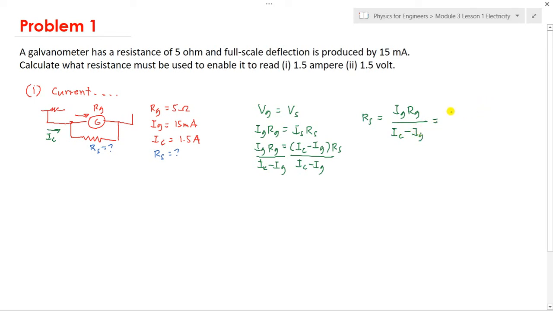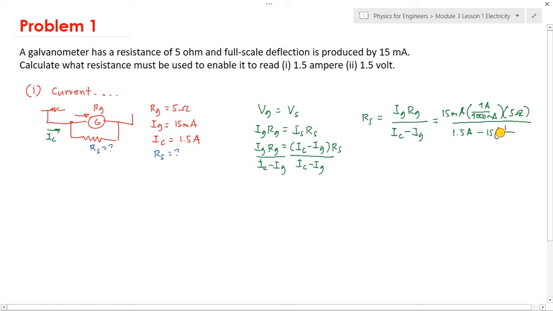Plugging in the values, IG here is 15 milliamps, which we change into amperes: 15 times 1 over 1000. RG here is 5 ohms. Divided by IC, 1.5 amps, minus 15 times 1 over 1000 so it becomes amps. The unit for RS is ohms.